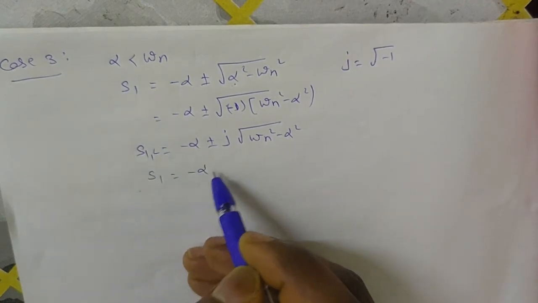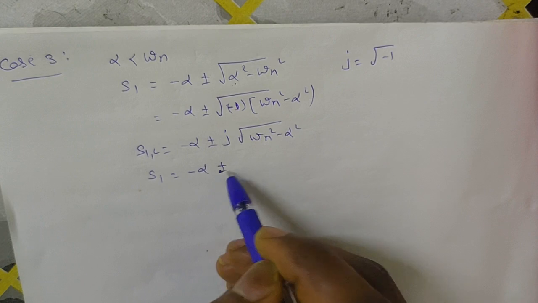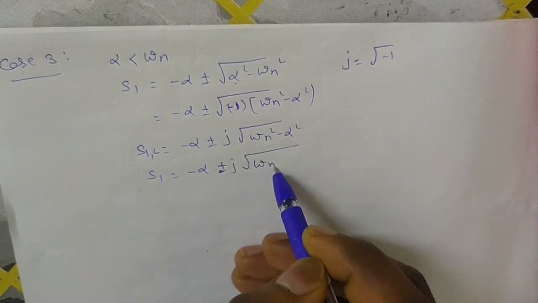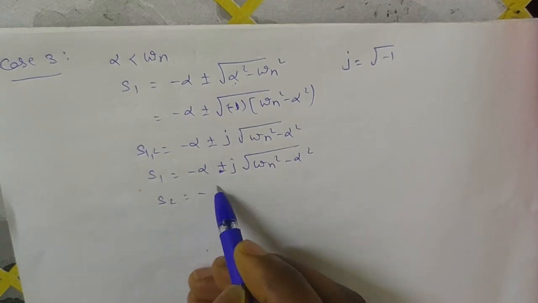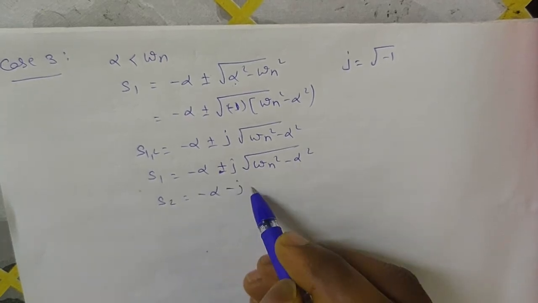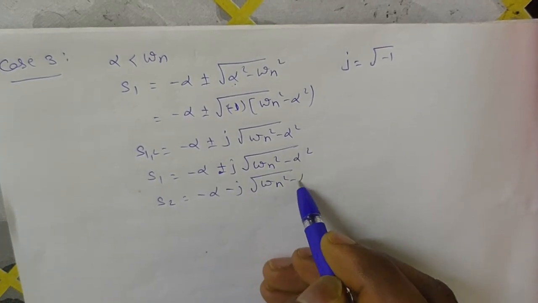First root will be minus alpha plus j under root of omega n square minus alpha square. Second root will be minus alpha minus j under root of omega n square minus alpha square.